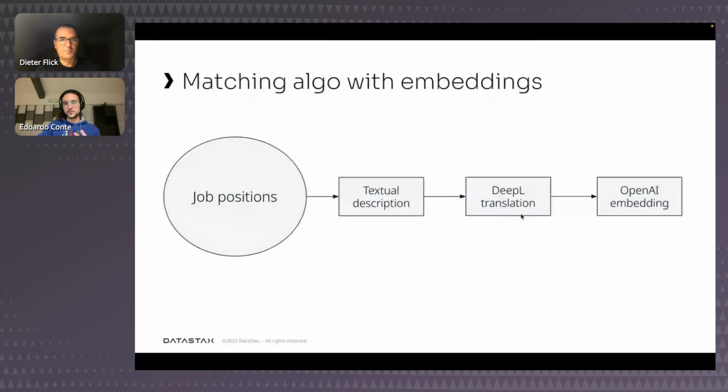The translation of DeepL is quite good. And we are using OpenAI embeddings, again for simplicity, because we were already connected with it. And in the future, we can always switch it with another embedding model if we see that the performances are improving. So this is the overall structure and how we created a knowledge representation of our job positions.